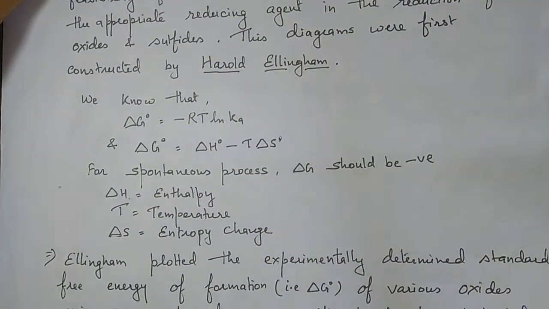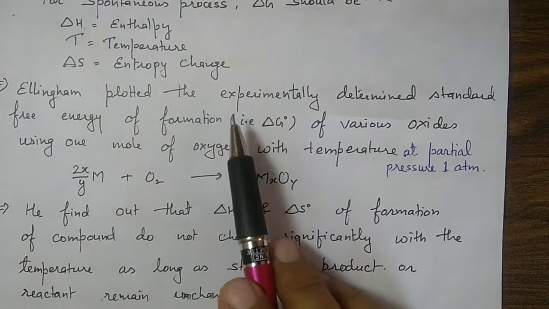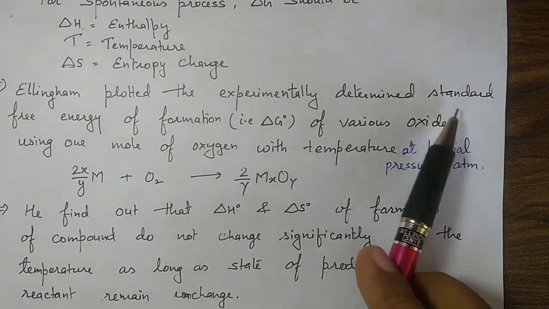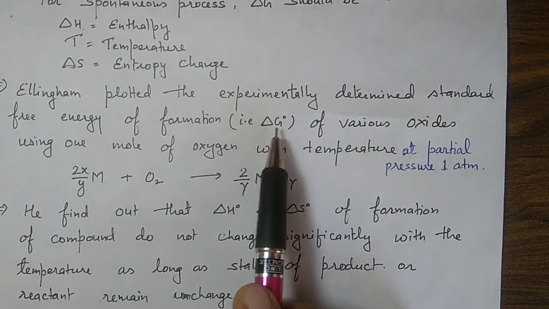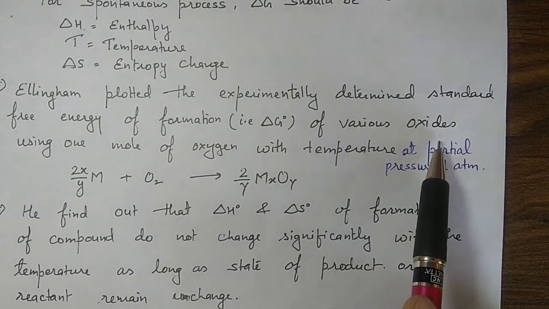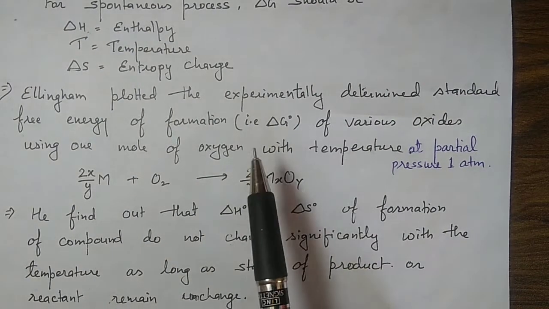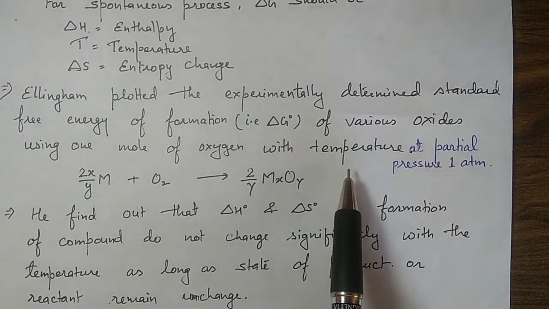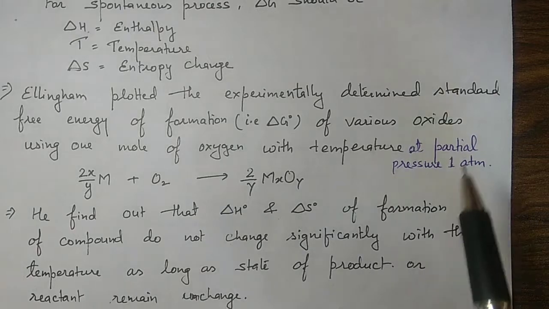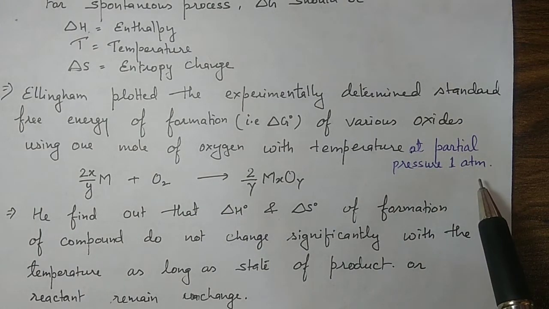Ellingham plotted experimentally determined standard free energy, that is del G naught, for various oxides using only 1 mole of oxygen, against temperature at partial pressure of 1 atmosphere.